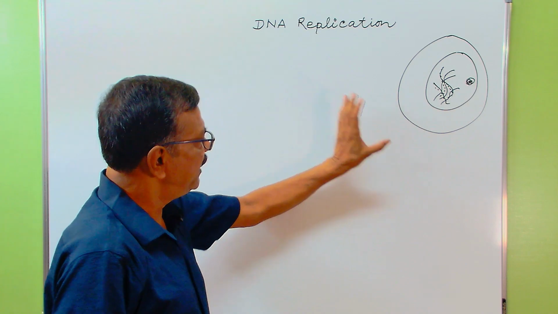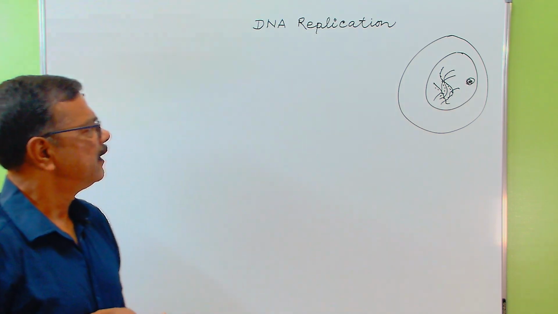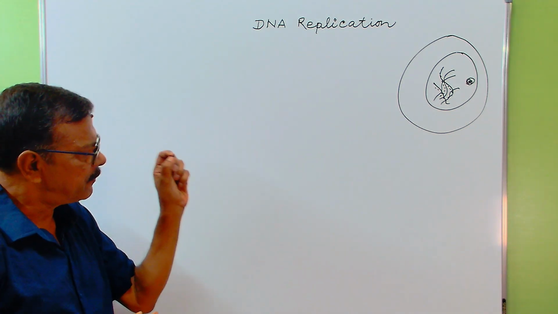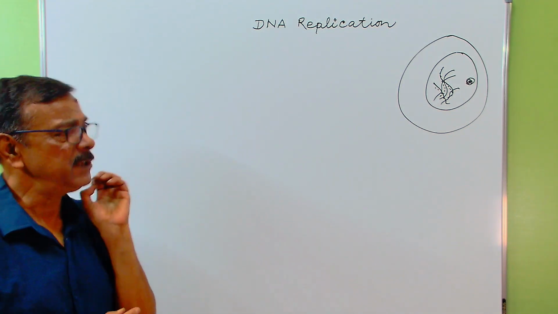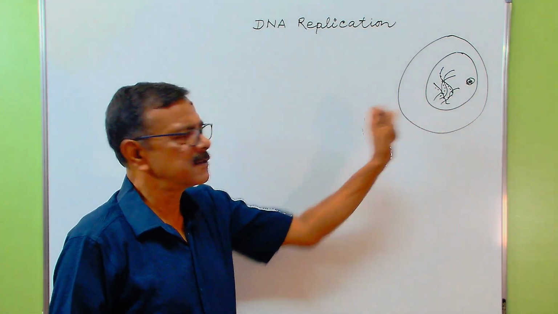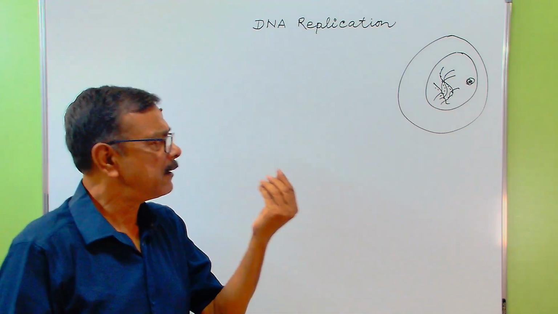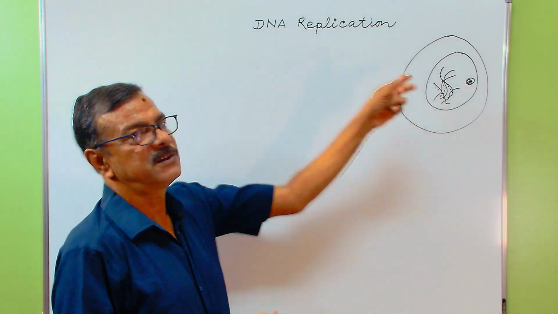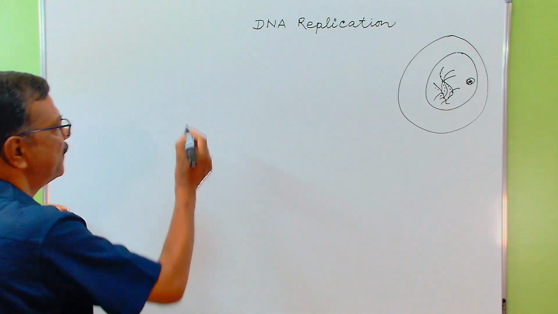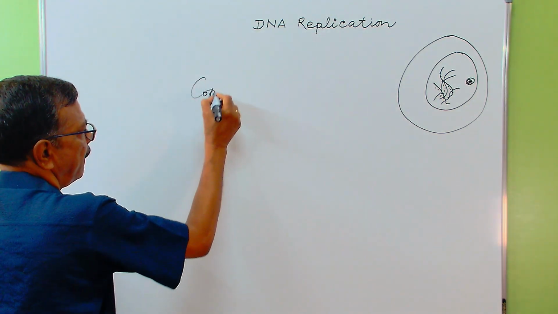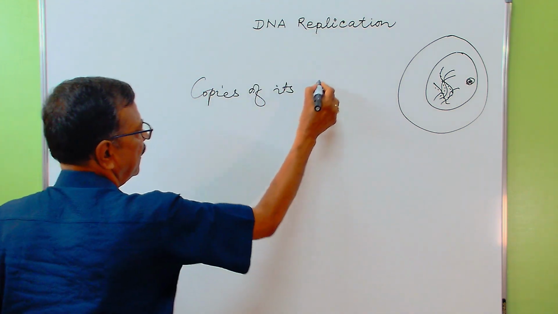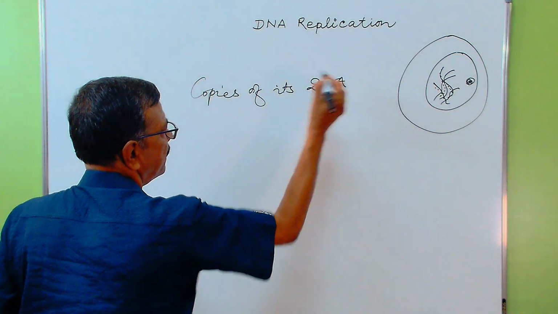So, in definition, we can write that DNA replication is a process by which a cell replicates, or a cell makes copies of its DNA.